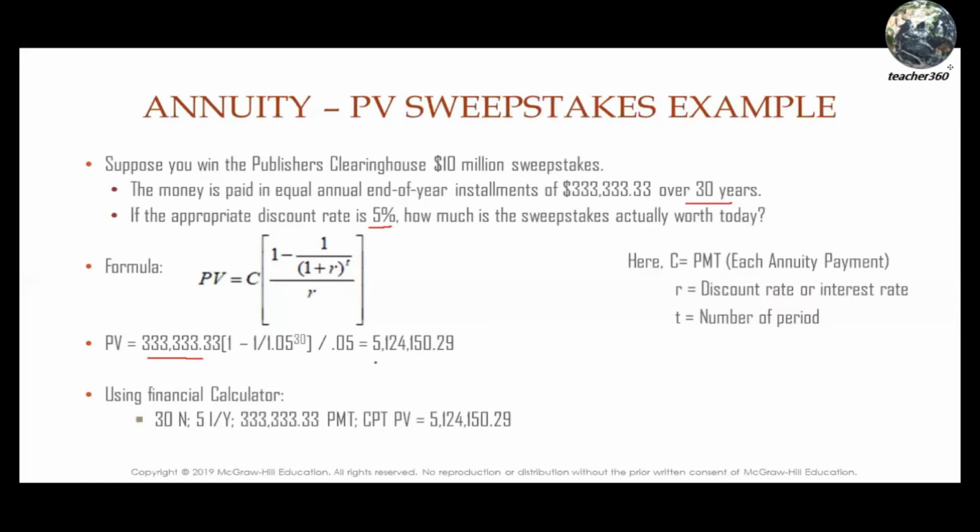Using this formula, you will get a present value today of about $5,124,150.29. Using the financial calculator, your N is 30, your interest is 5%. You will enter PMT $333,333.33, then press CPT present value, and you'll get the same result.